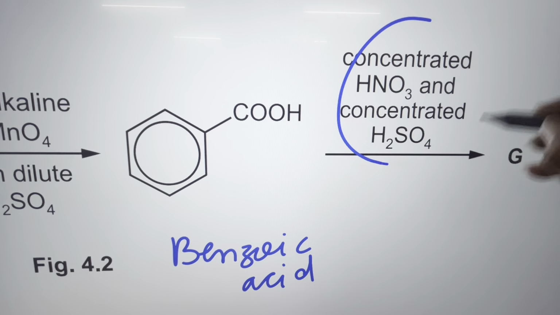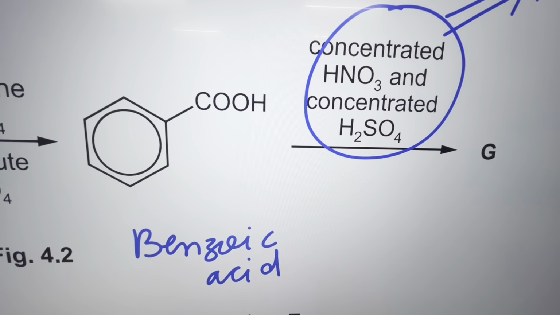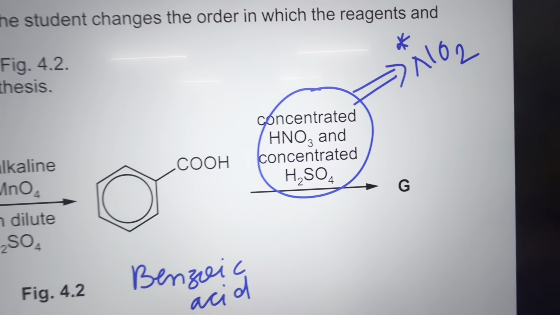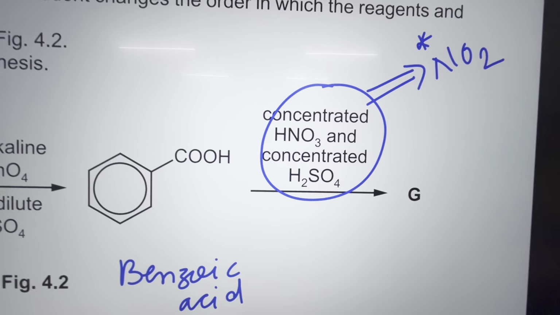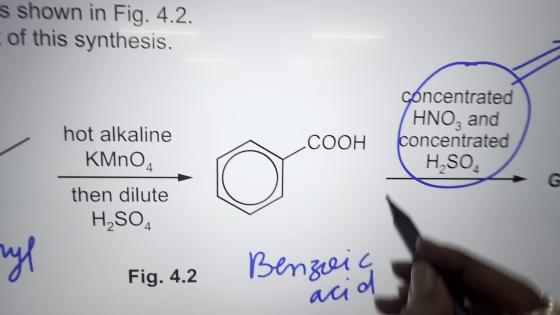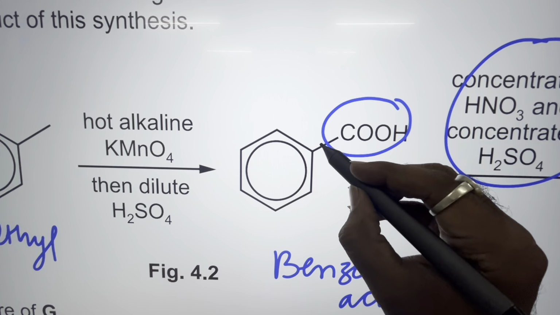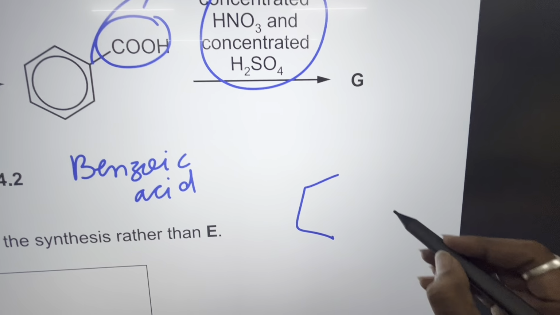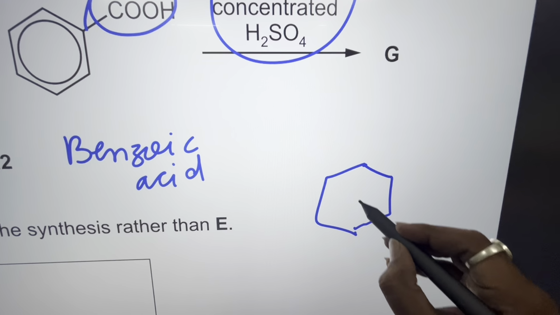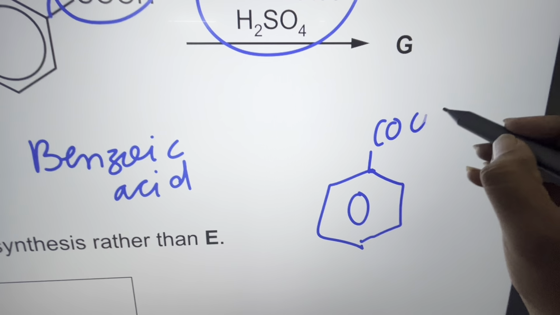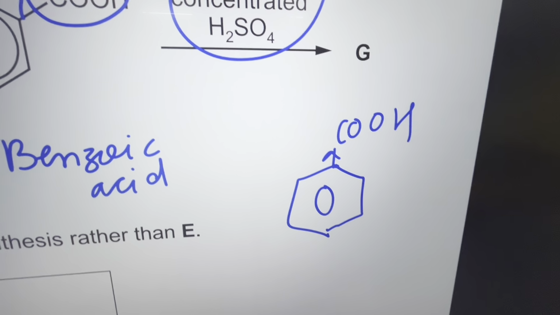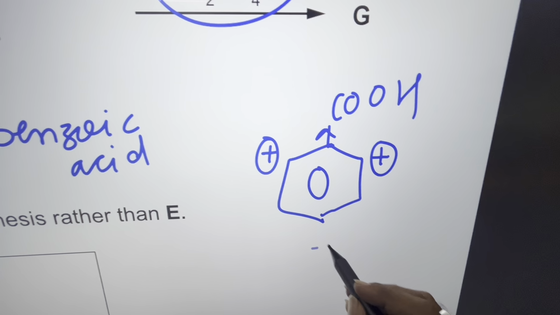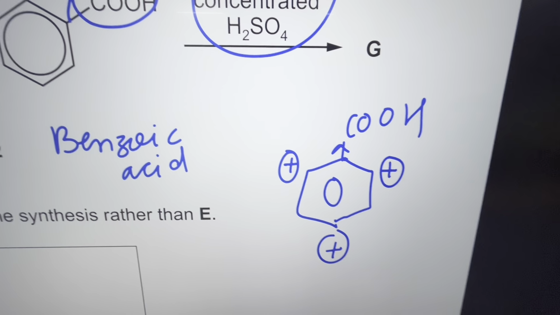Now this produces your nitronium ion. Always remember, concentrated HNO3 and H2SO4 produce the nitronium ion, NO2+. Now this is your carboxylic acid, this COOH is an electron withdrawing group. So if COOH is attached, it withdraws the electron density away from the benzene. At the ortho and para positions the electron density is very low.